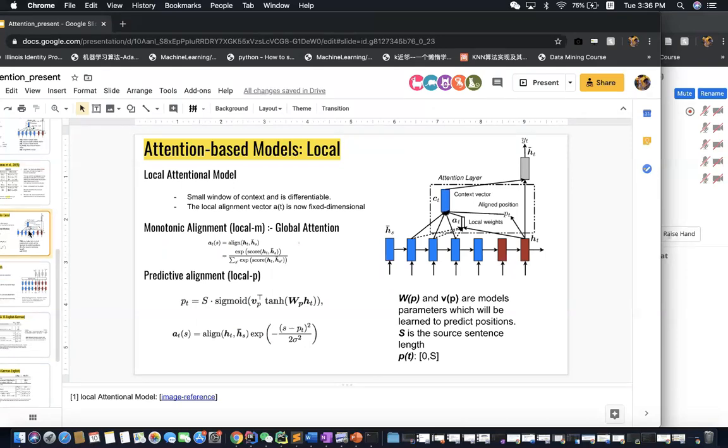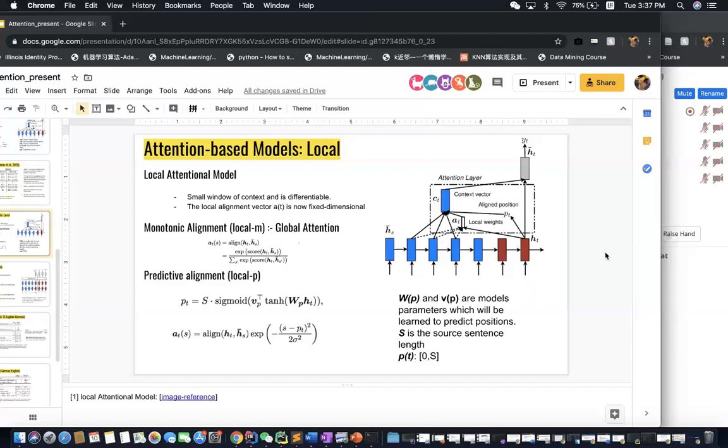So in this paper, it used an empirical method: a constant D to control the window. Then it is not predicted. We don't have a predicted window.